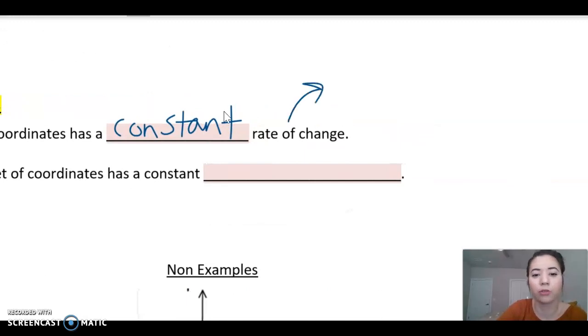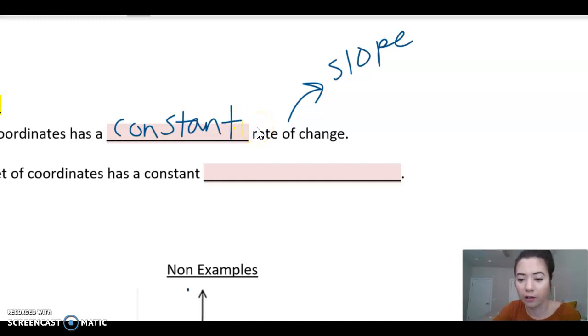And when I say rate of change, remember that means for every x changing by 1, my y is consistently changing by the same amount. So this also means a constant slope. This also means a constant thing being added or subtracted.